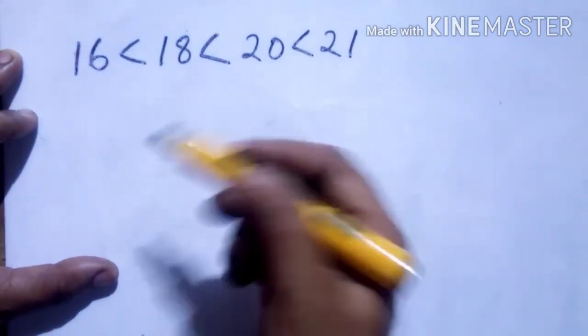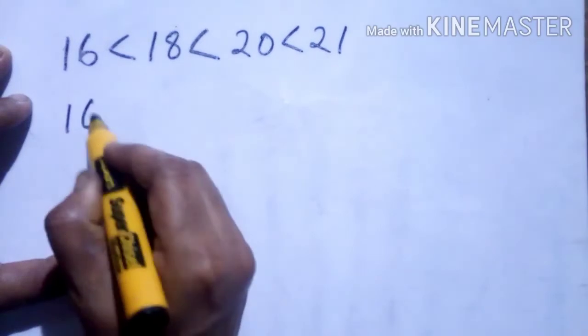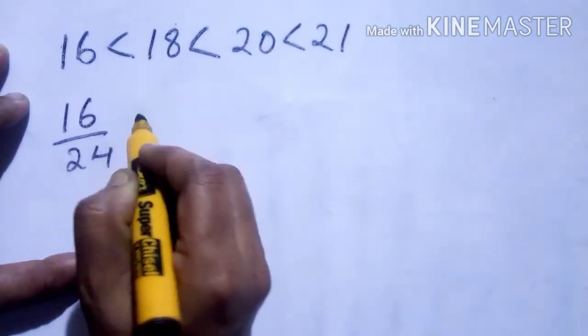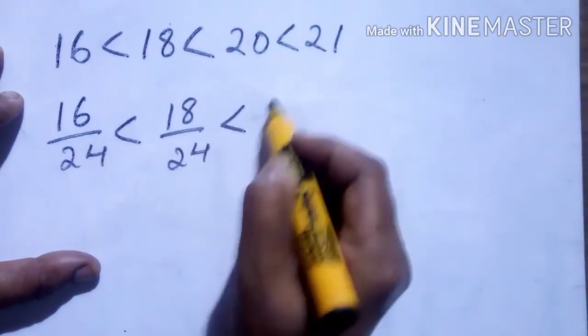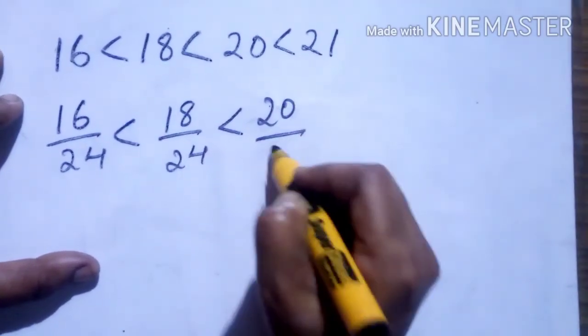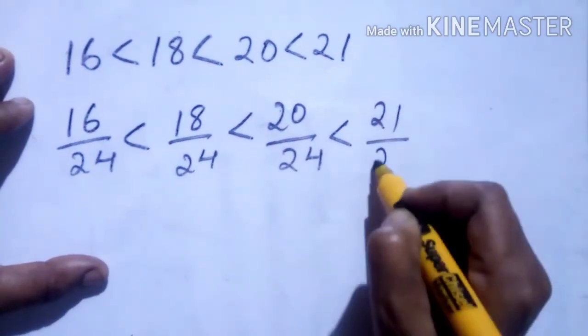Now compare the fractions. 16 by 24 is less than 18 by 24, is less than 20 by 24, is less than 21 by 24.